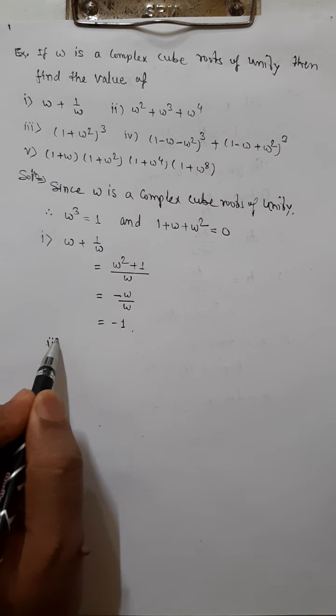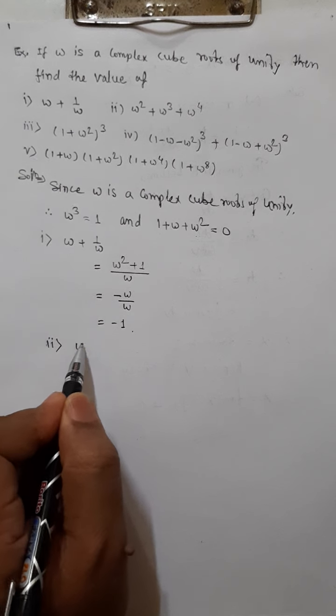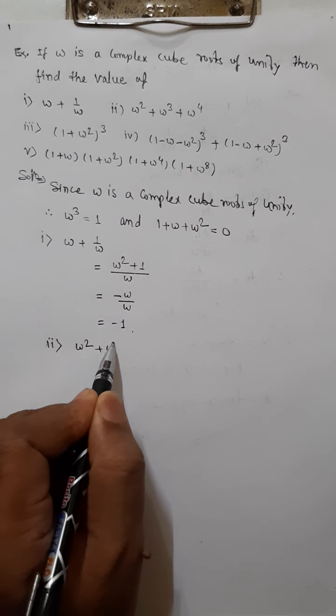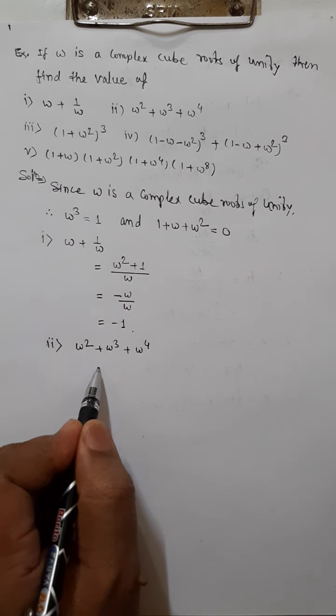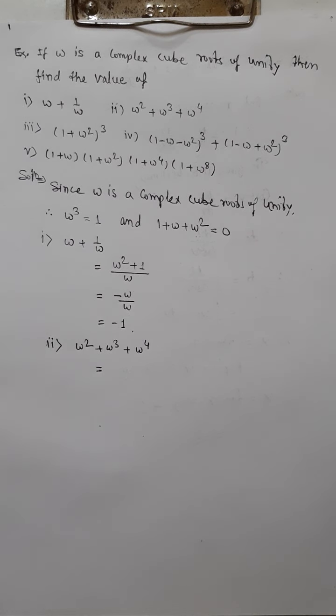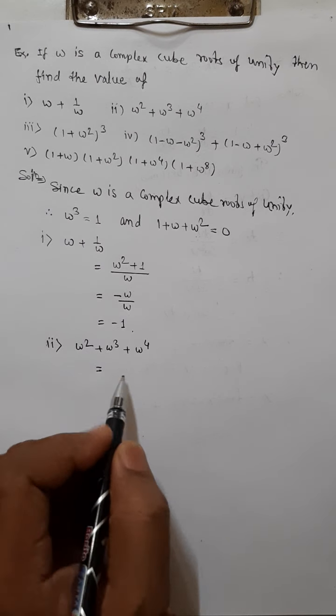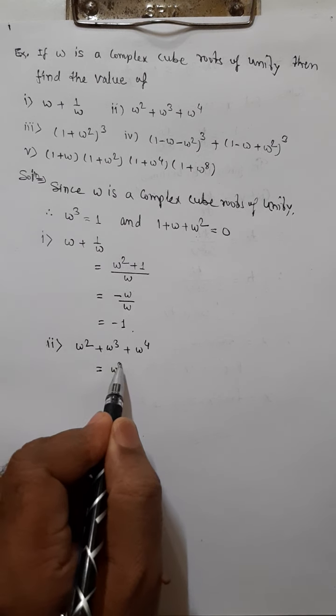Similarly second, we have to find the value of omega square plus omega cube plus omega power 4. So here first we simplify. Observe, from each term we can take omega square common.